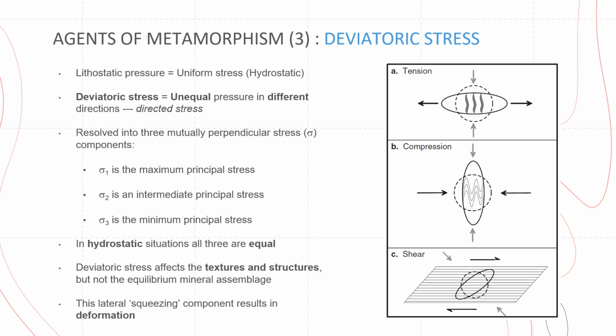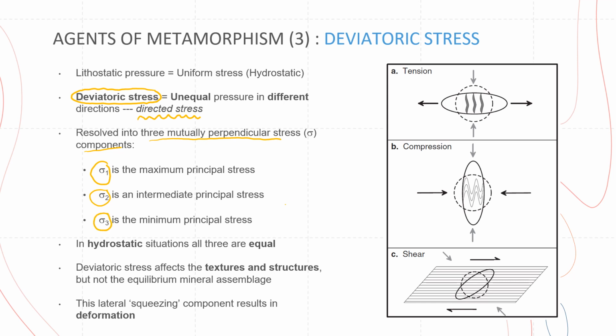So unequal pressure in different directions results in directed stress, and this can be called deviatoric stress, which is our third agent of metamorphism. Stress can be resolved into three mutually perpendicular stress components. So we have sigma 1, which is the maximum principal stress, sigma 2, which is the intermediate principal stress, and sigma 3, which is the minimum principal stress.